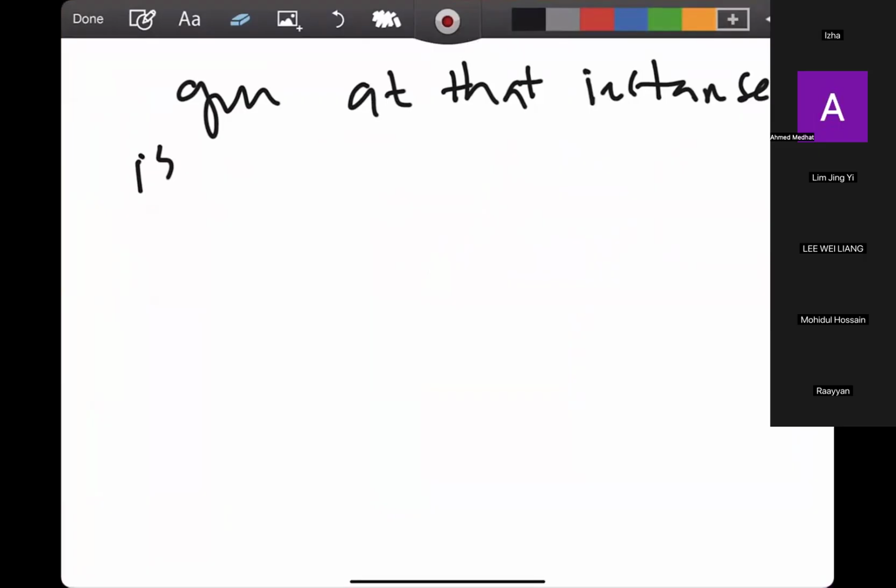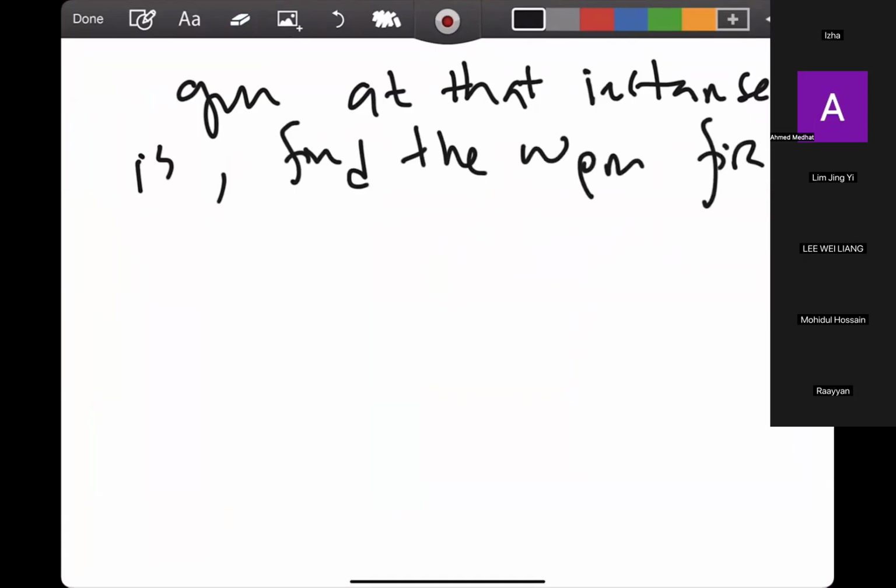So gain margin at that instant is, find the omega PM first.